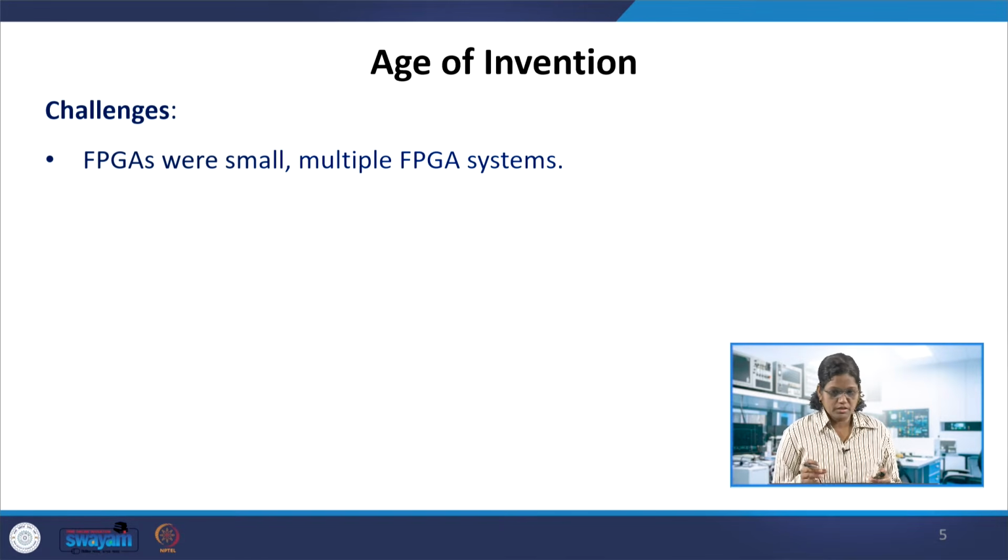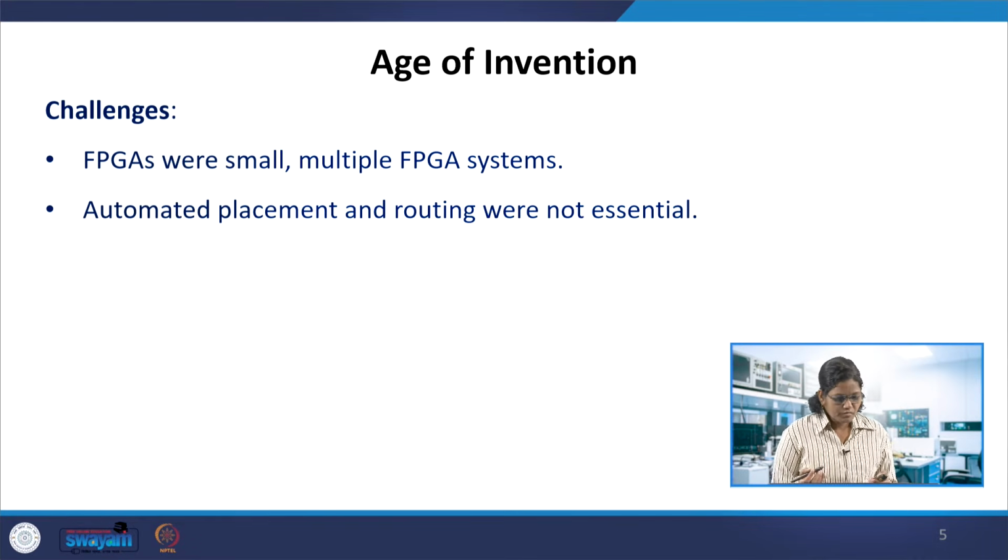In order to implement certain systems, many smaller FPGAs were used. Instead of partitioning one FPGA, multiple FPGA blocks were integrated to implement a particular system, because the FPGAs were small in size.